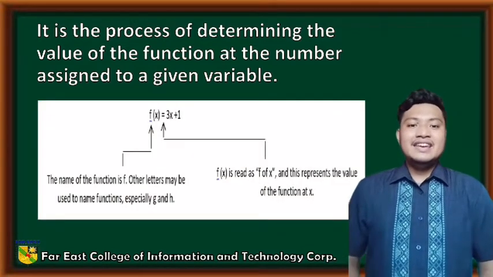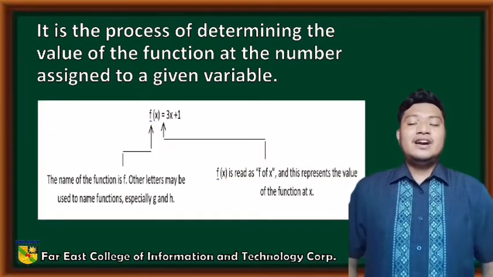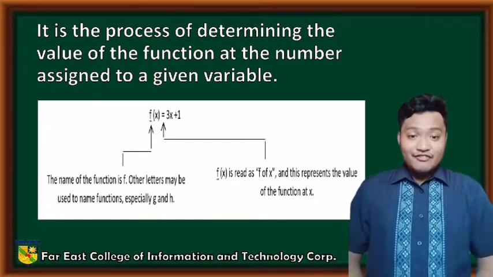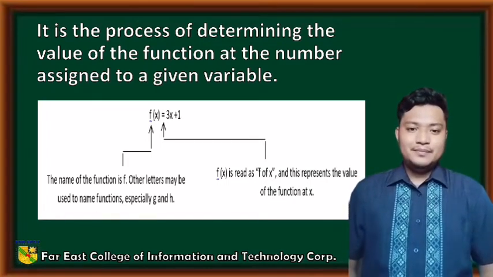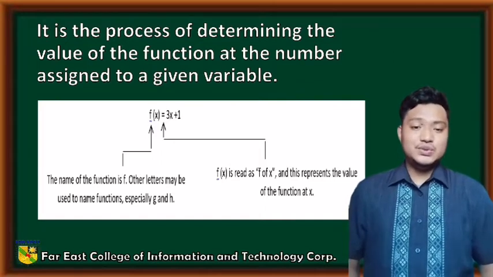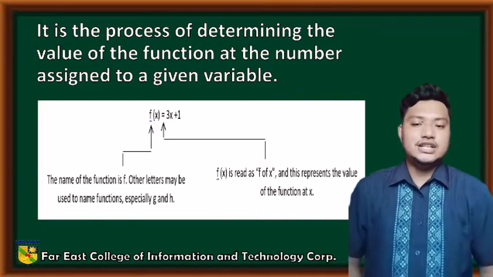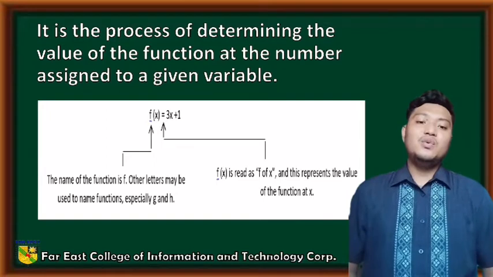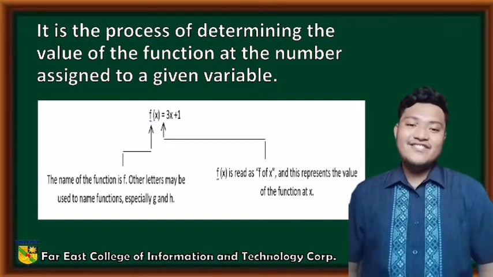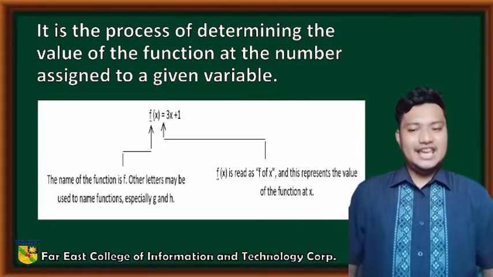So, in this figure, the name of the function is f. Other letters may be used to name functions, especially g and h. So we can use f, g, and h.